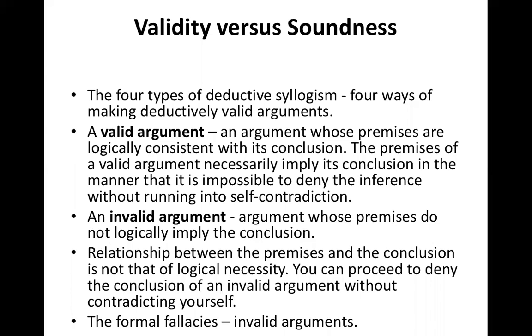The formal fallacies are the invalid arguments. In a few weeks' time, we're going to be doing informal fallacies. When we start, you can compare them to formal fallacies and see why they are called informal fallacies.